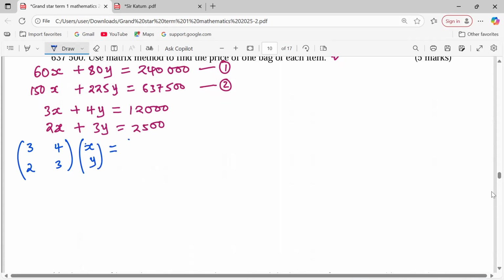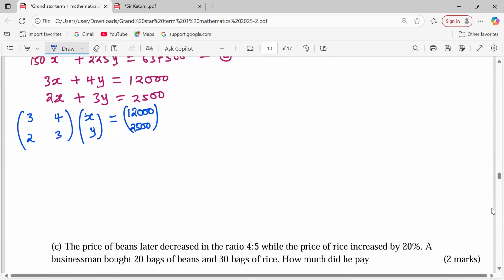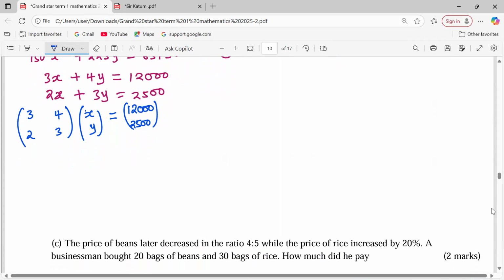This is equal to the other one, which is a constants matrix. So we have a constants matrix like that. Therefore, how do we solve now? We have the matrix equation extracted: coefficients matrix, variables matrix, constants matrix, already extracted very well.